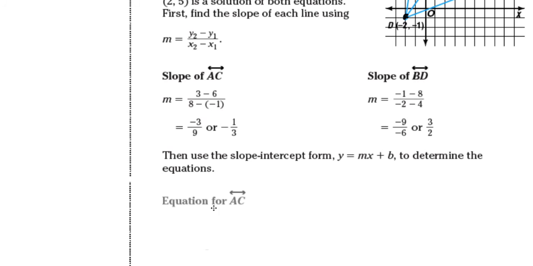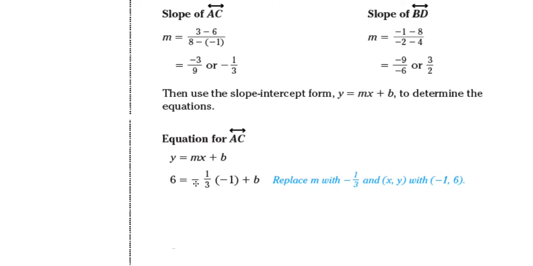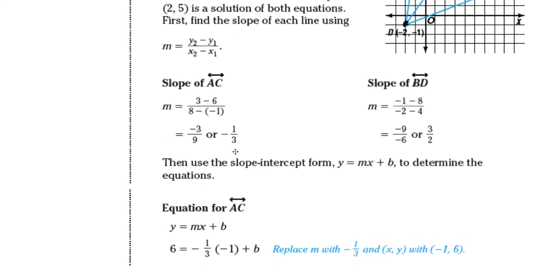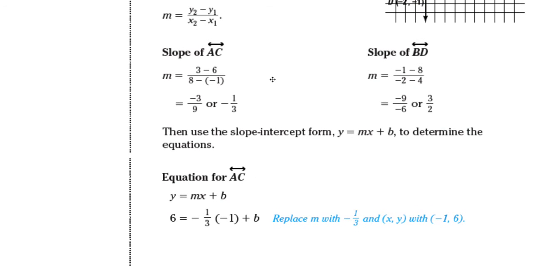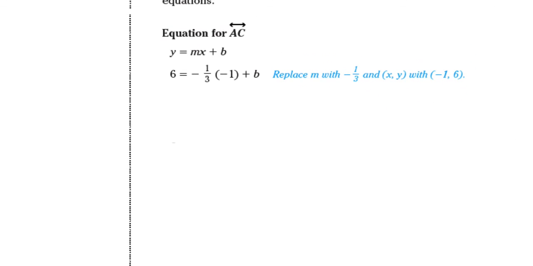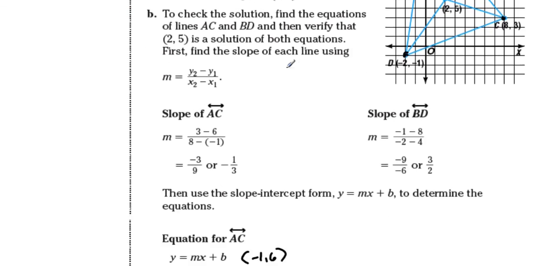So let's find the equation for line AC. y equals mx plus b, and the slope is negative 1/3. Substituting a point, in this case point A, which is (-1, 6).